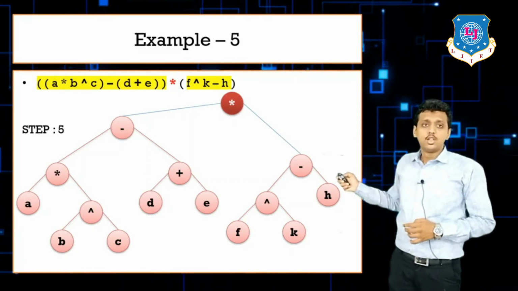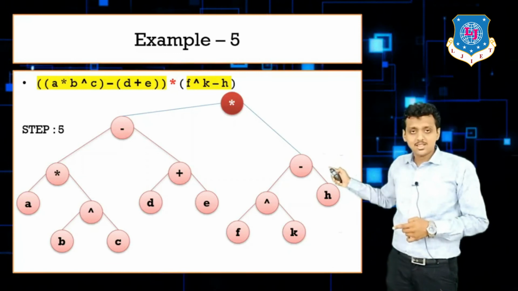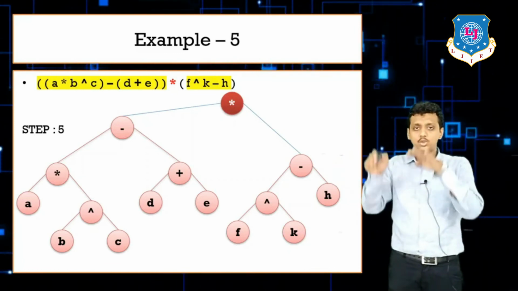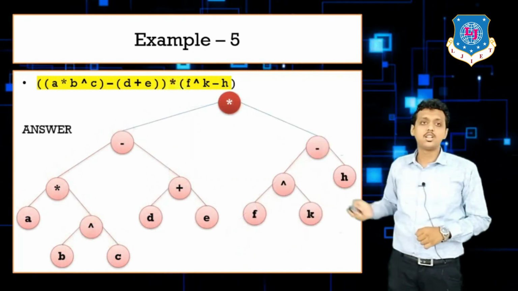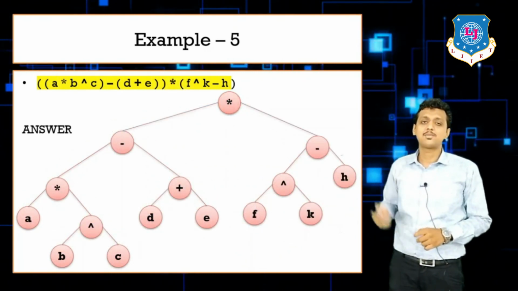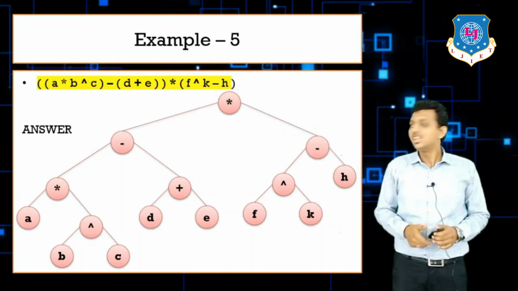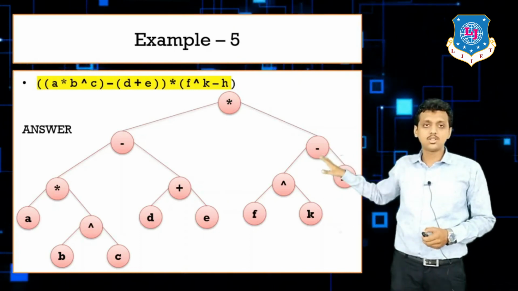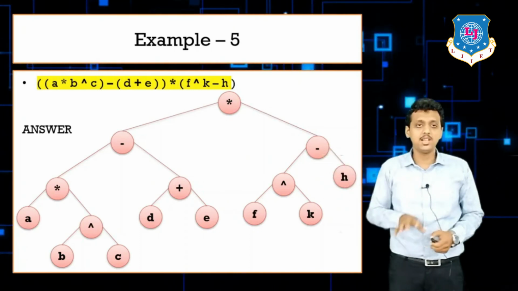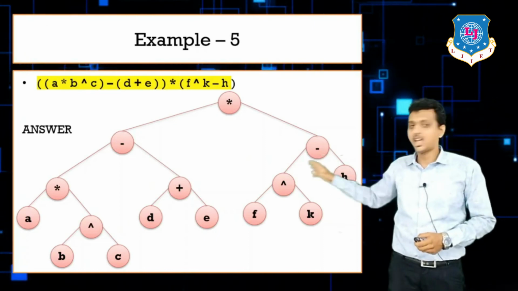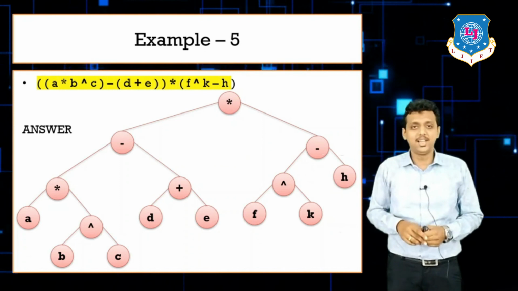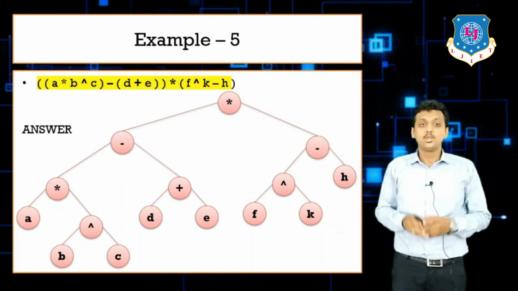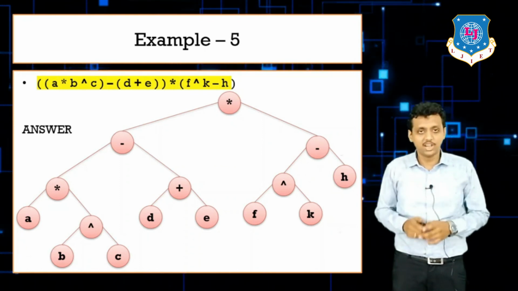Don't draw like this. Always draw according to the levels of the tree, matching the level of both children. So here it is. This is my correct figure and this is my answer. As you can see, all the siblings are on the same level: minus, minus, then star, plus, caret, H. These are all siblings on the same level. Fine. So this is our expression tree.